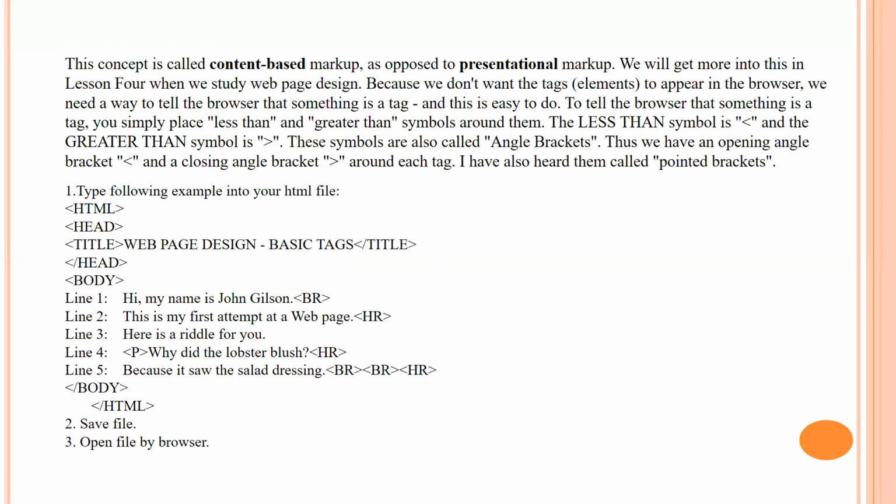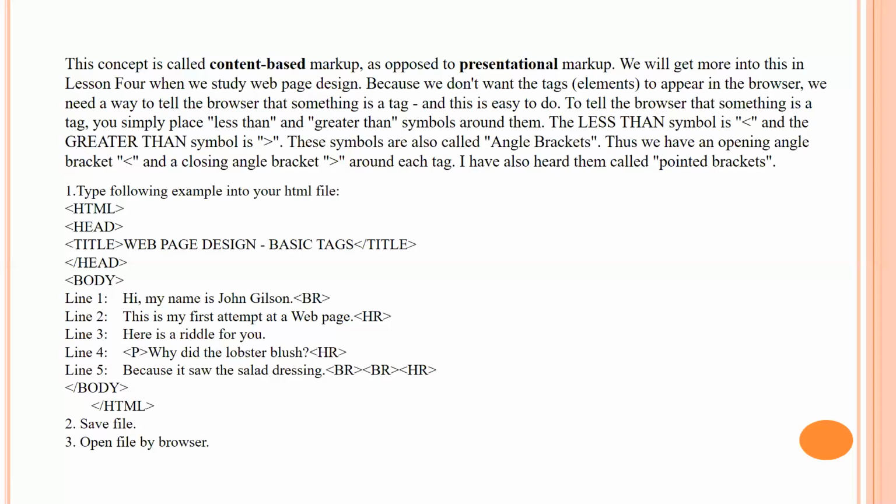At first, you must write the tag HTML, and you must write head, and you must give title. In the title, you must write the name of the page, web page design and basic tags, and close the title, and you must close the head.